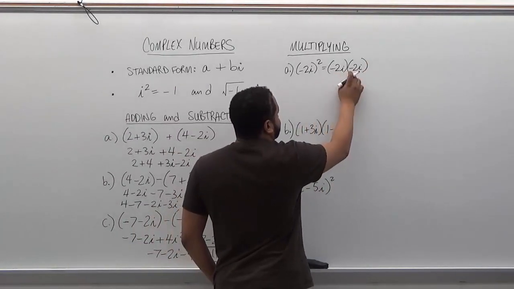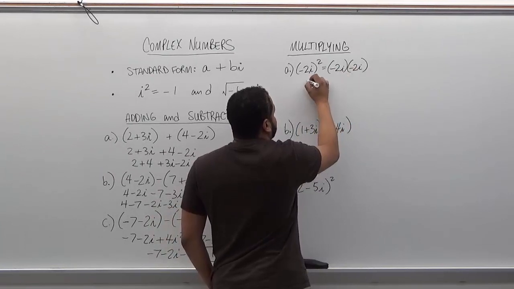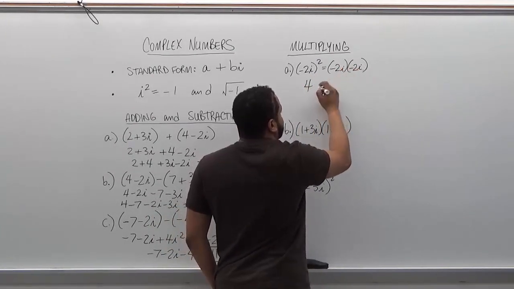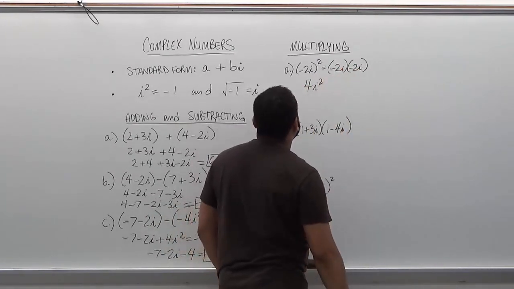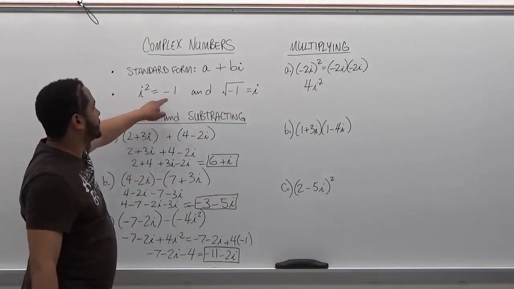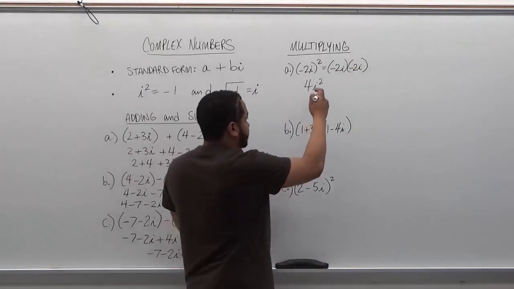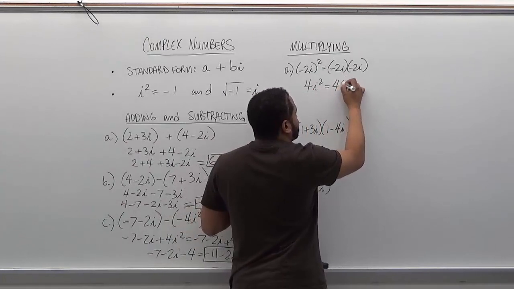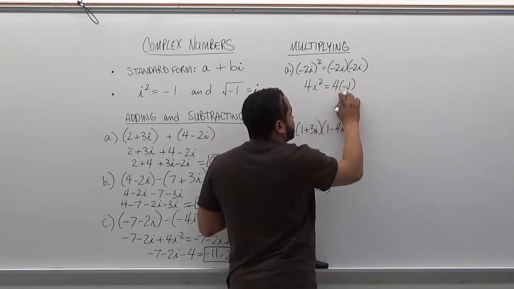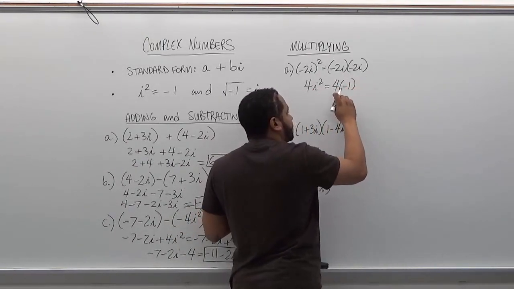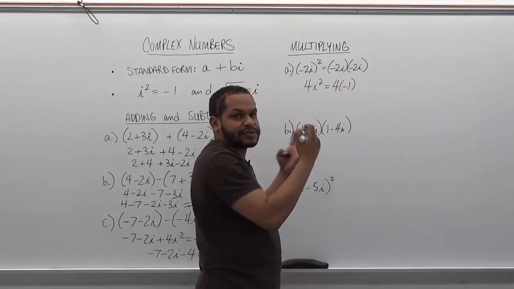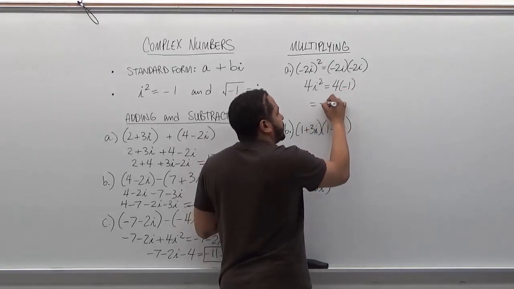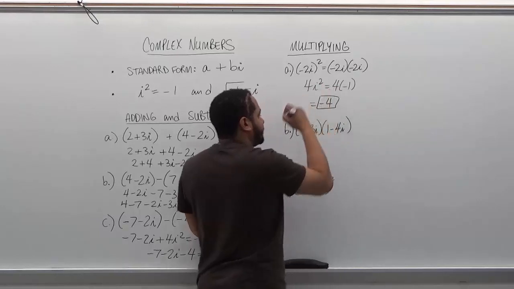So we have a positive. 2 times 2 makes 4. And i times i makes i squared. And again, remembering that i squared is equivalent to -1, we do a simple substitution in here. We're going to substitute the value of -1 directly for i squared. And when we do this, we're going to have a positive 4 times a -1, which gives us a -4. Right? So our solution for the first problem here is -4.